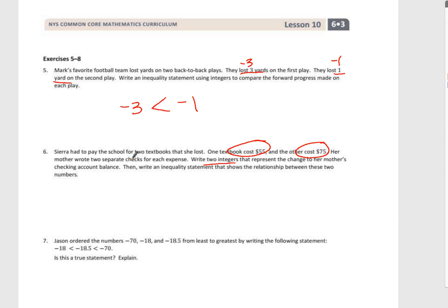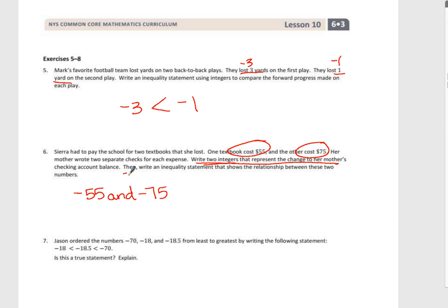So the first thing we have to do is we have to write integers that show her change. So how do we write this textbook cost $55 that mom has to write a check for that? Just negative 55. So the checking account is going to go down 55. And what is the checking account going to do after she writes another check? Going to go down 75. So that's this first question.